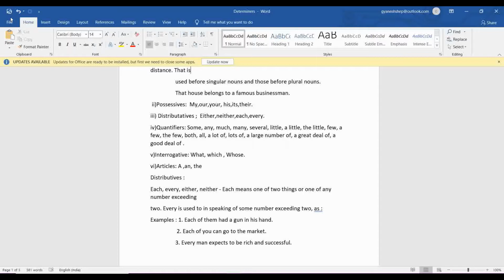A little tea, the little, few, a few, the few, both, all, a lot of, lots of, a large number of, great deal of, a good deal of. These are the quantifiers that show the quantity, and you have to use them before the noun to show the quantity.